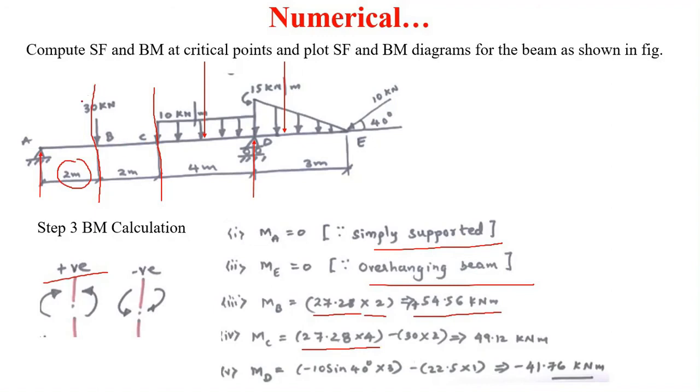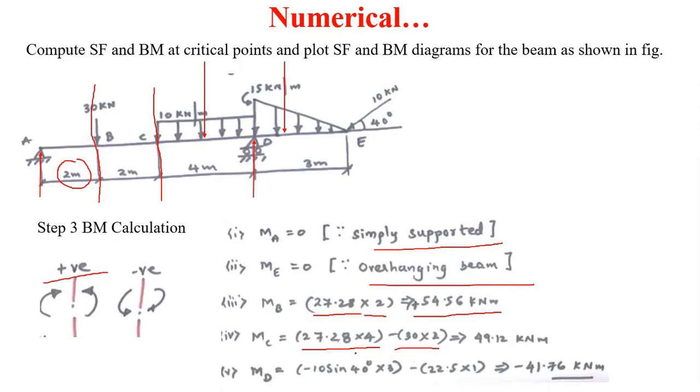Then after that this 30 kilonewton will rotate in anti-clockwise direction at the left side of this beam. So at the left side of this cross section, this anti-clockwise moment will be considered negative. So minus of 30 kilonewton into the perpendicular distance, that is 2 meter here, so minus 30 into 2.